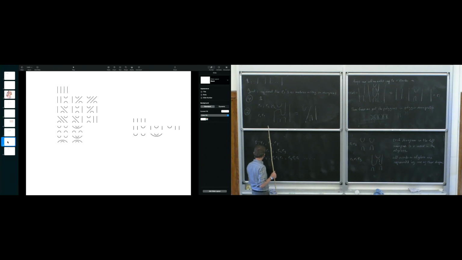Exercise: write all the words. But the claim is that in the end you would find 1 plus 9 plus 4 equals 14 words, the total number of words that you can form with 1, E1, E2, E3. You understand that you cannot build arbitrarily large numbers of words because you have only 3 E's, and relations such as E1 E1 is E1, E2 E2 is E2, and so on. So in the end you could fit only 14 words, and the claim is that these words are all represented here. Claim number 1. Yes?